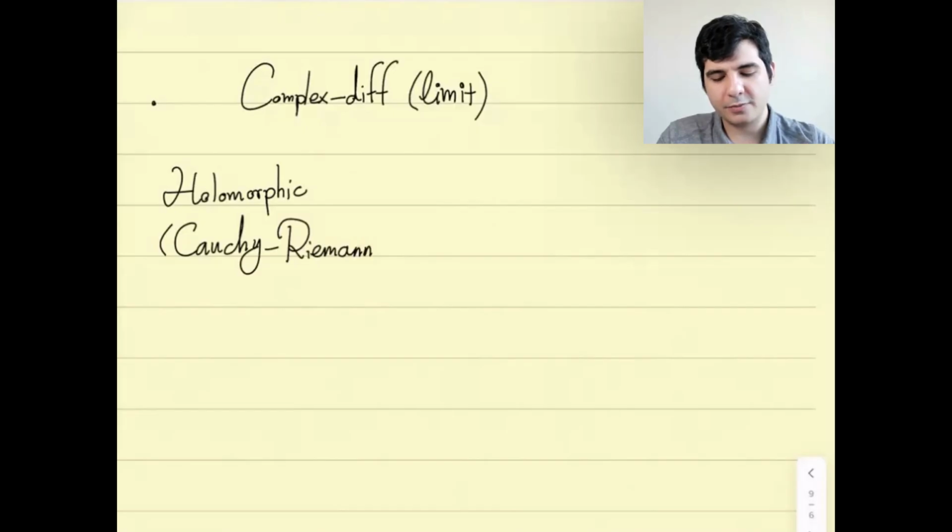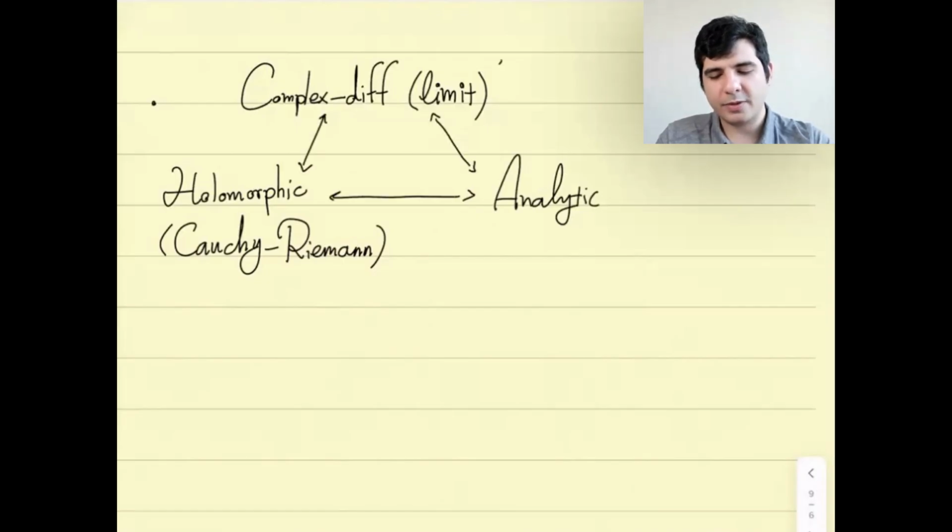This is a very useful way to think about these functions. And the third one is the notion of being analytic. This is related to having a power series, a kind of infinite expansion. And the claim is that these three are essentially the same. So at this point, we are here. In the next lecture, we are going to discuss the notion of holomorphic functions and the Cauchy-Riemann equation.